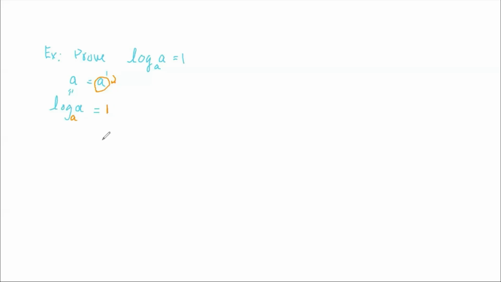This follows the definition of logarithms, the example we just finished. So now we have proved log a base a equal to 1, same as this one. So we proved the formula.